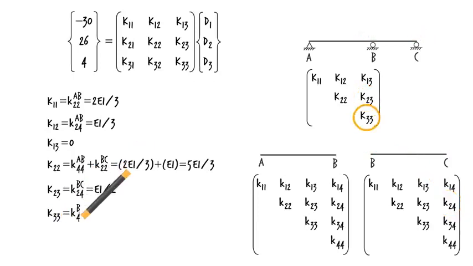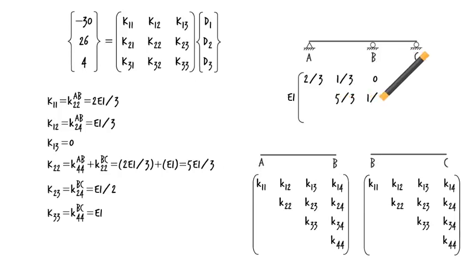And K33 equals K44 of BC, or EI. Therefore, the upper part of the matrix looks like this. Since stiffness matrices are always symmetrical, we can easily generate the lower part by transposing the upper part as follows.